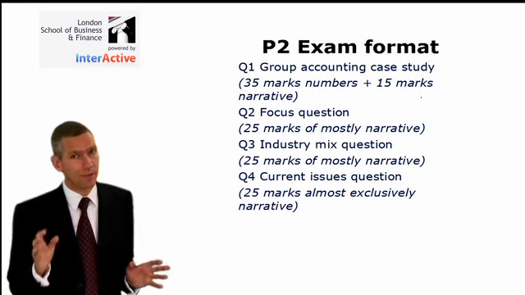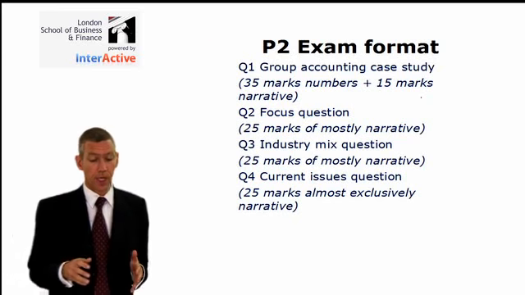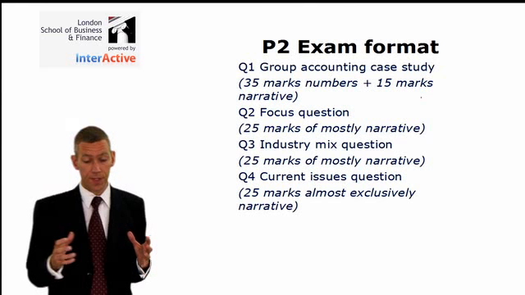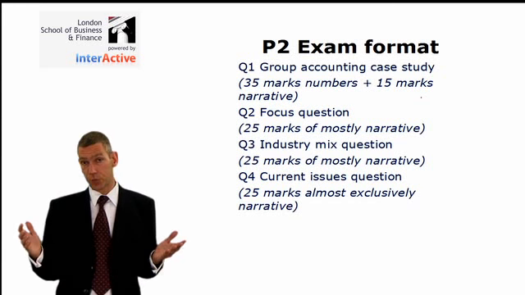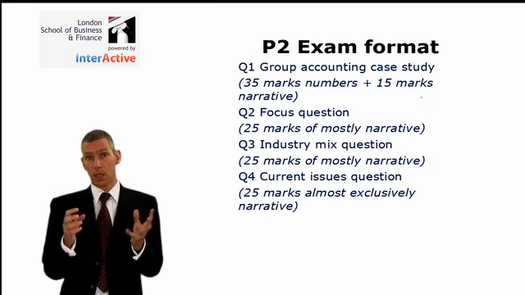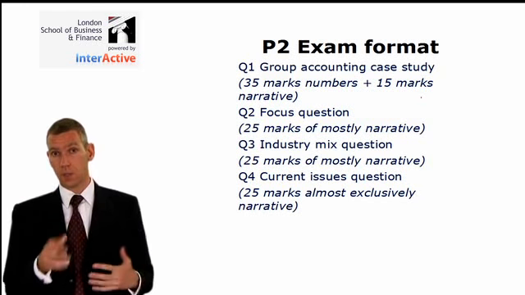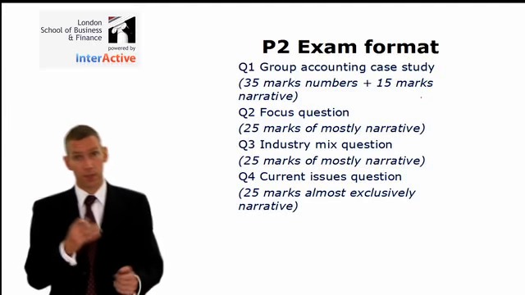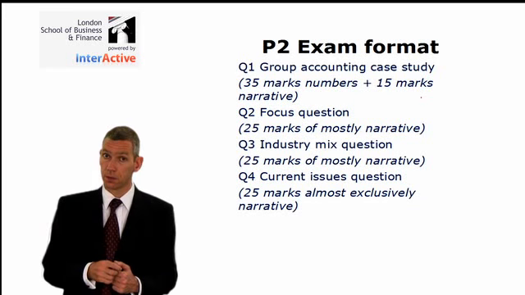Which is similar but definitely different to question 3. That's the industry or mix question. That's the one where the examiner basically examines the whole syllabus. He takes a story of a company and he gets it doing lots and lots of different things, and you just talk about all the different things it's doing. All right?